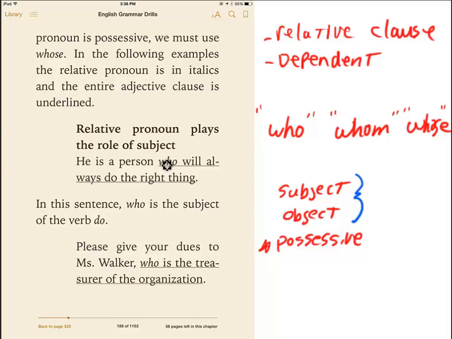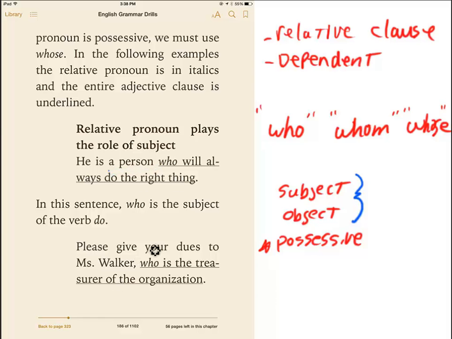How do I know that? Well, I know that because it's doing the action. Who will always do the right thing. So this little relative pronoun here is doing the action. Okay, it's the thing that's acting. Who will do the right thing. All right. So I know it's the subject.